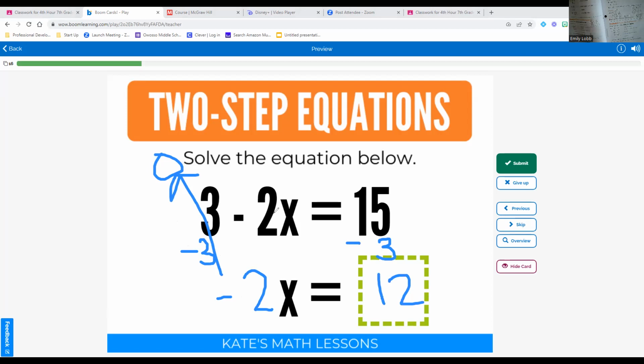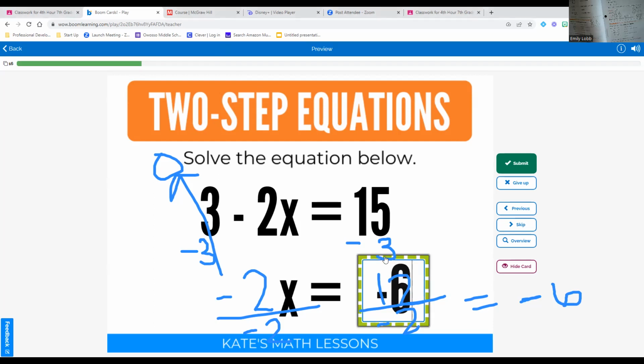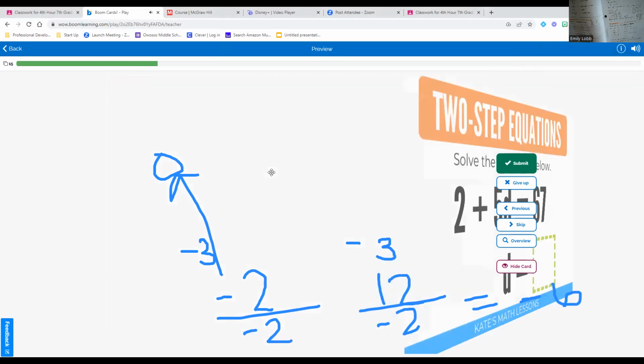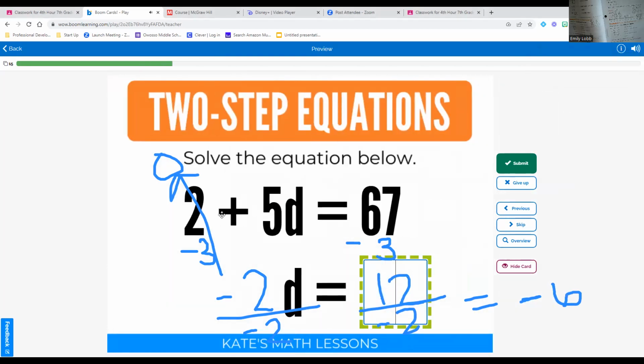Because this sign is attached to this coefficient. So I've got to divide both sides by -2, which means x is going to equal -6. Careful with your integer rules. All right. Again, it's on the opposite side, but you can still do it. Hopefully you see that, okay?